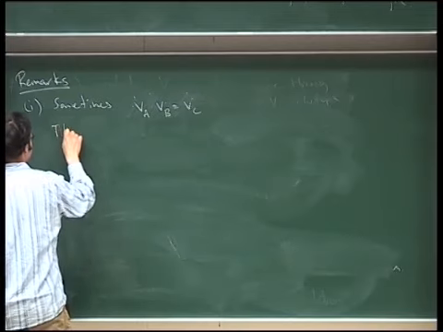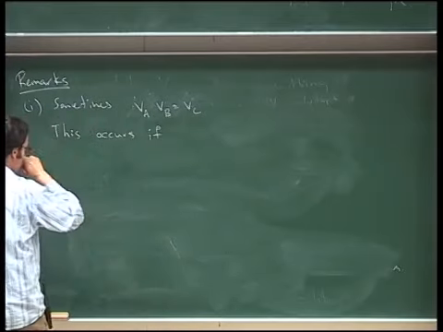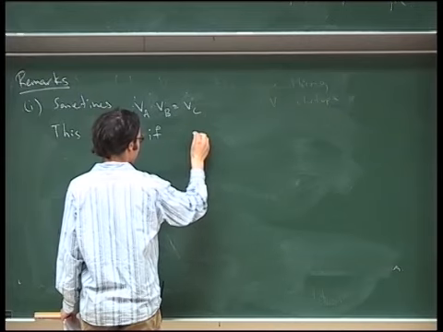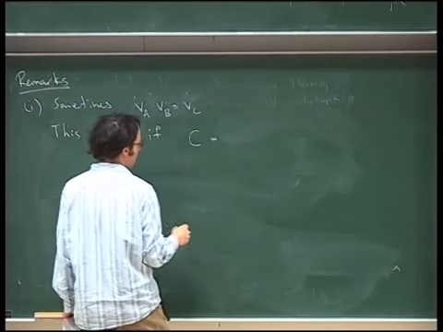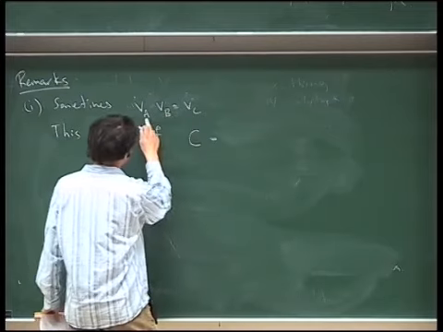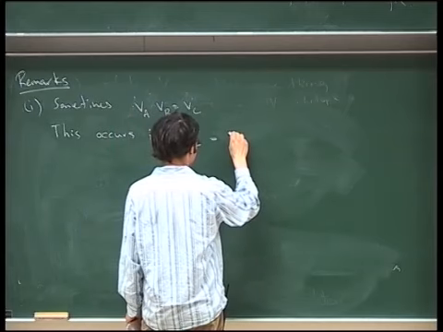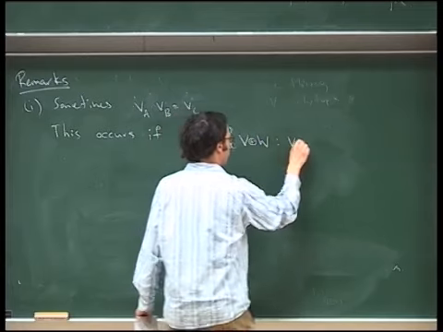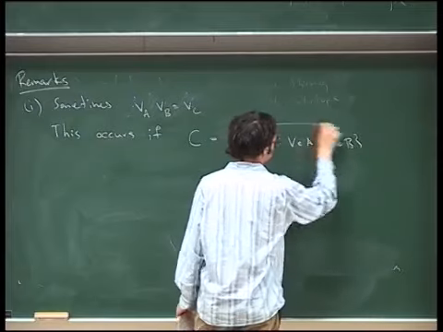This occurs if, it's a slightly confusing statement, the component C is made up of modules which are direct sums of the modules in A and B, or the closure of such modules.